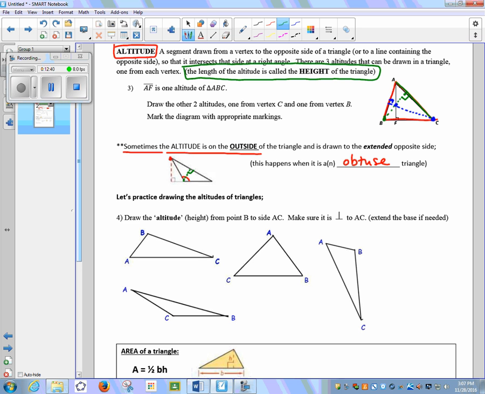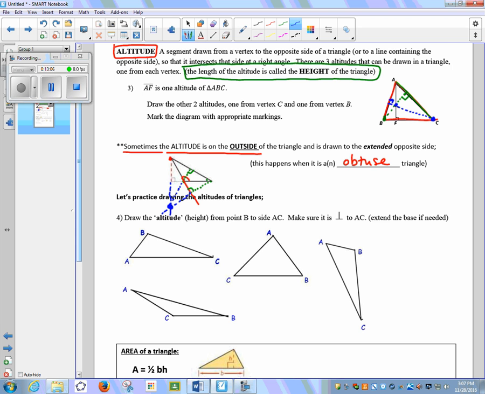They're on the inside. Well, actually, I take that back. Not the other 2. One of them is on the inside, but the other one would have to be outside also. Like that. Right? So, notice we said the altitudes all meet at one point. You would have to extend these altitudes, and their intersection point would be way out here.